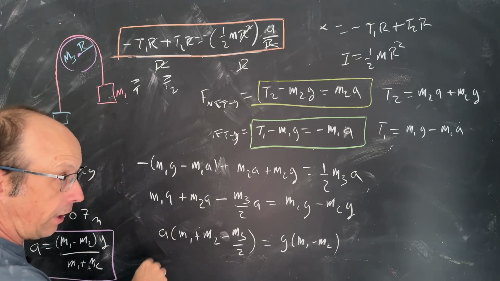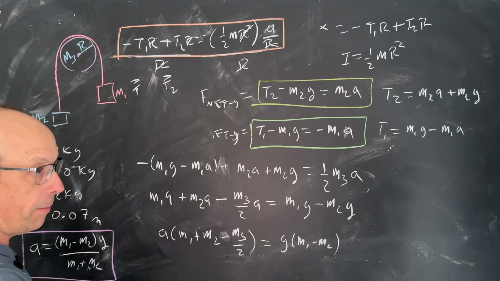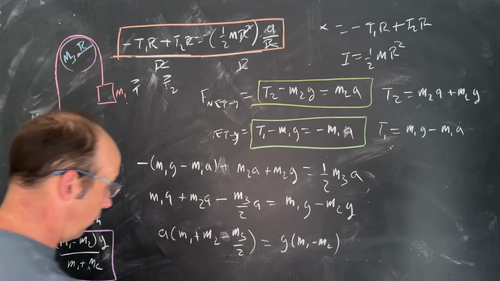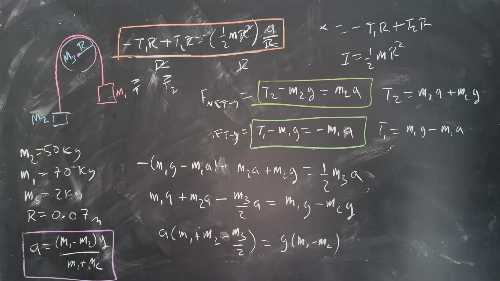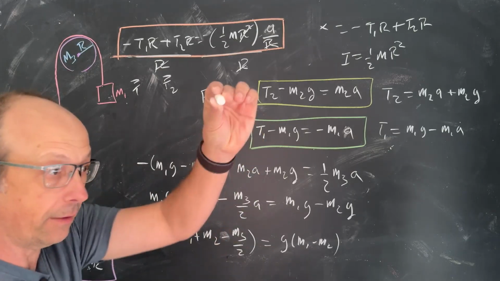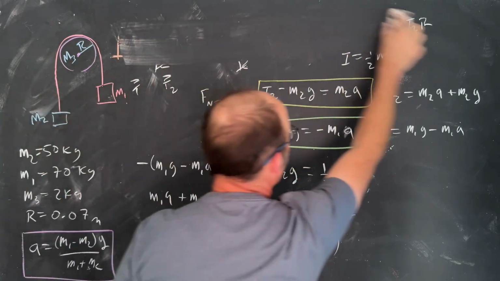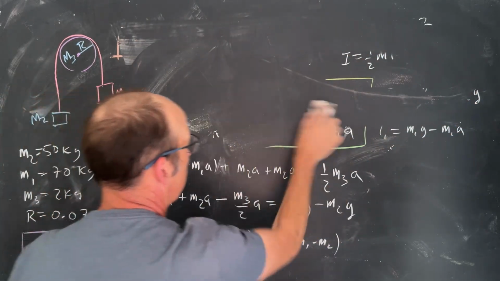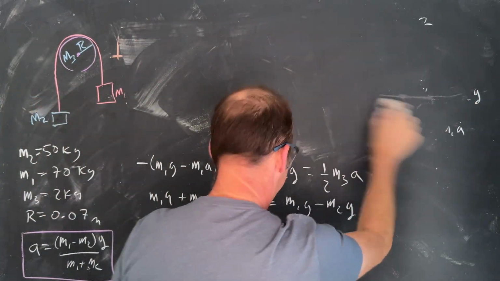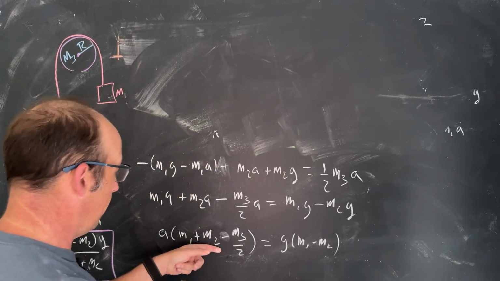And then I'm going to solve for A. I'm running out of room here really bad. I'm going to erase. And I dropped my chalk. Okay, I got it. So that we got all those equations already. I think I can erase this stuff. So I'm going to divide both sides by that.